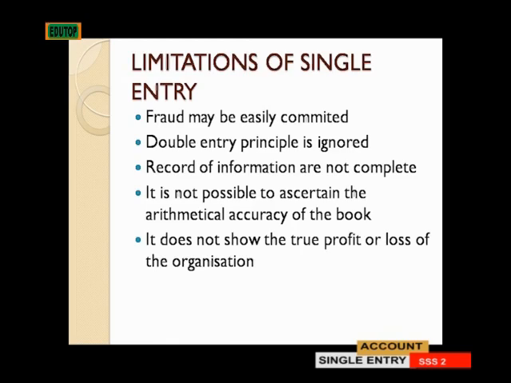Then the last one is that it does not show the true profit and loss of the organization. I've said it the other time. If you are only preparing single entry, you will not get the true profit or loss of your business, because you are not complying with double entry.